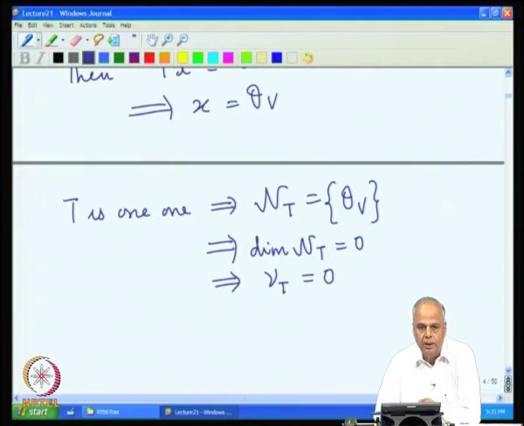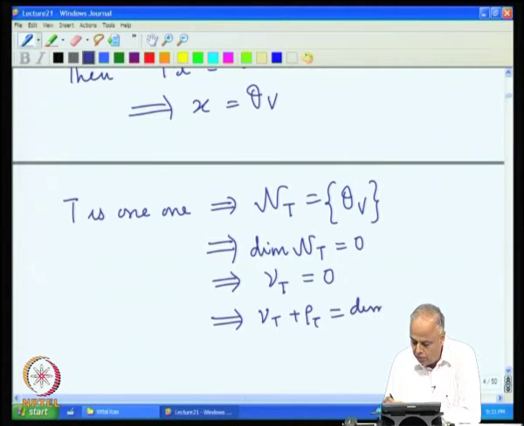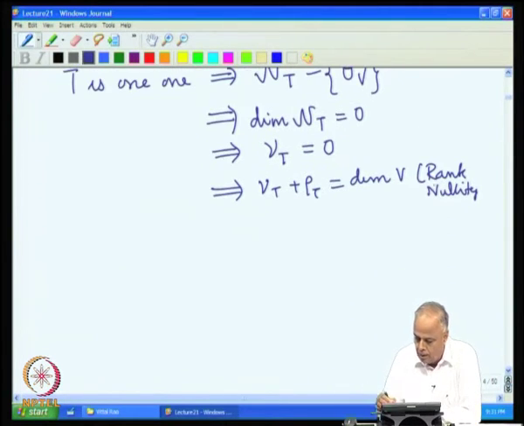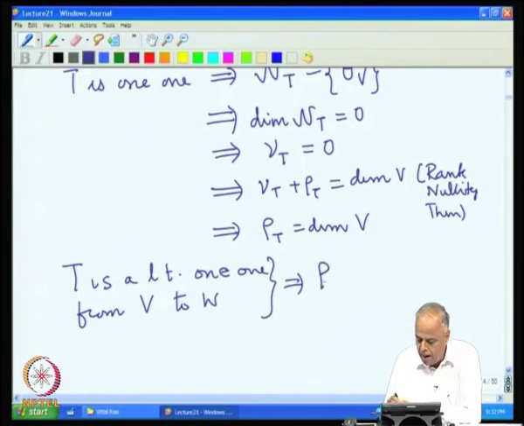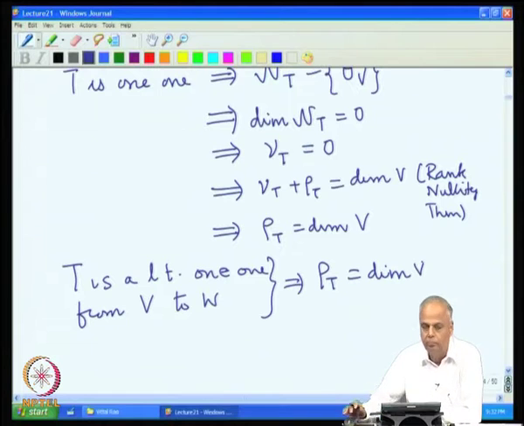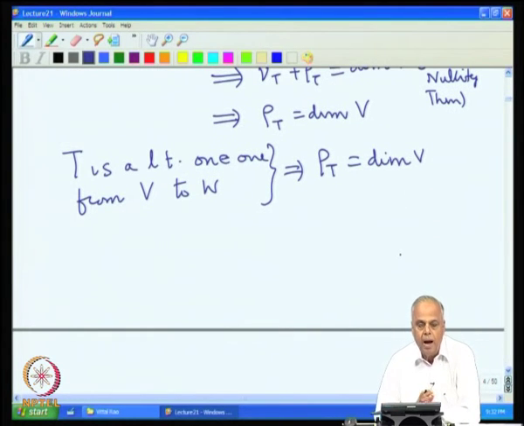But the rank nullity theorem told us that the nullity of T plus the rank of T is the dimension of V. So, we have nu T plus rho T is equal to dimension of V. This is the rank nullity theorem, and since nu T is 0, we have rho T is equal to dimension of V. Therefore, if T is a 1-1 linear transformation from V to W, the rank of T must be equal to the dimension of V. So, the rank of a 1-1 transformation is always equal to the dimension of the domain space.